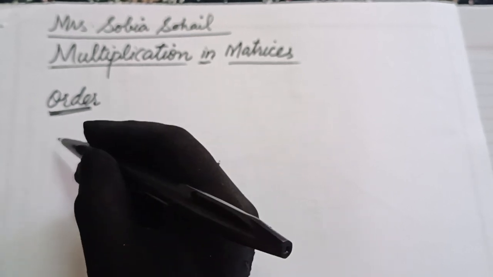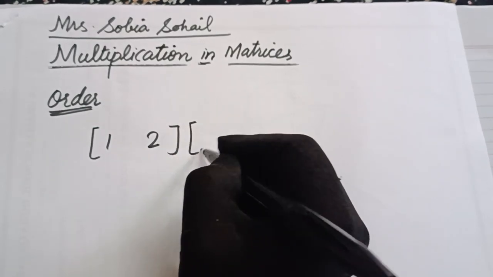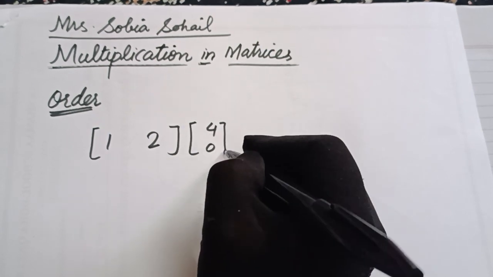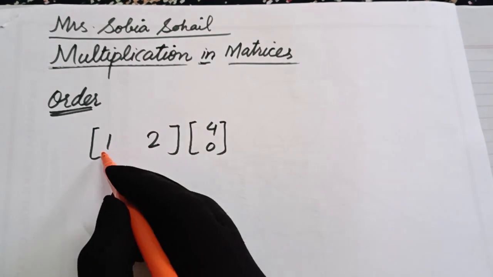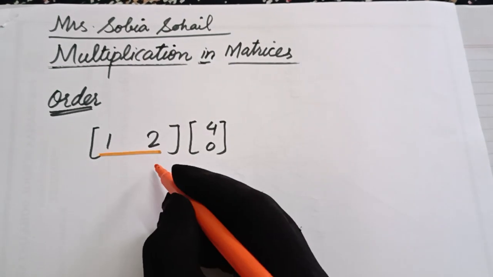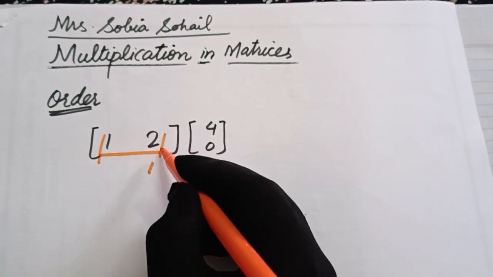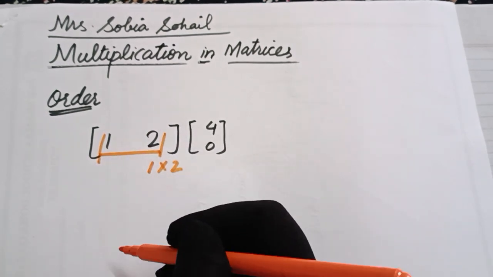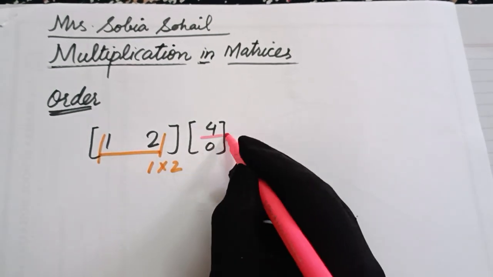Let me write a random question for the matrices 1, 2 and 4, 0. Let me write down the order. Order means number of rows: there is one row, and number of columns: there are two columns. In the second matrix, how many rows are there?